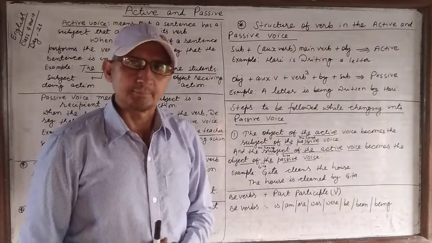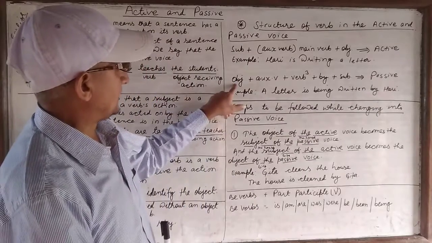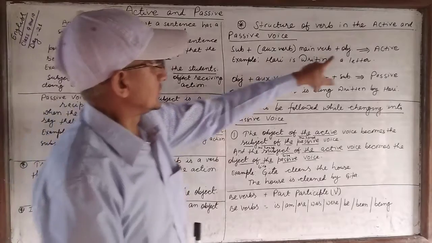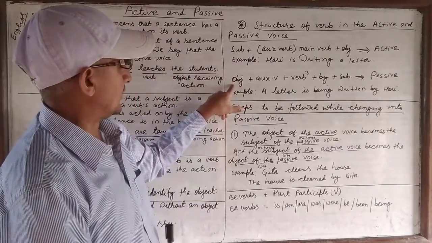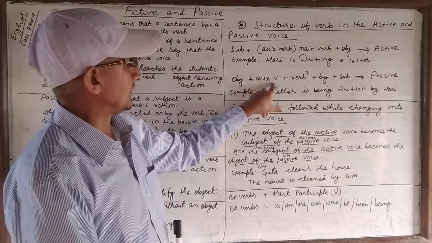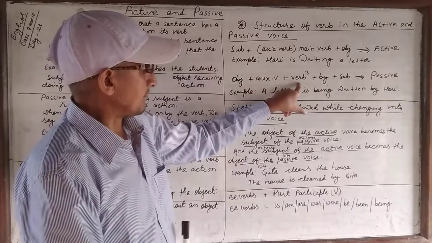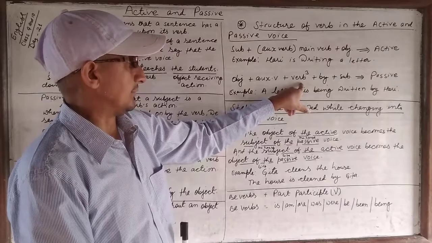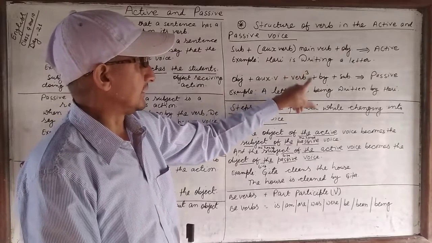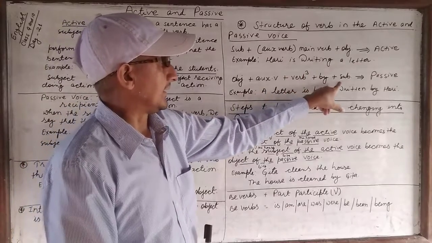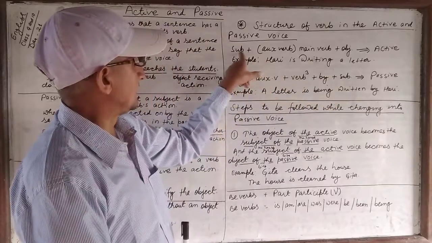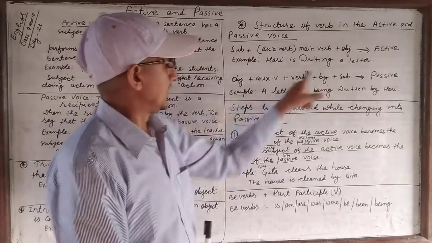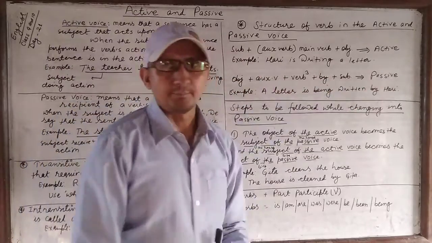And the passive structure is the object of the active voice, and after that the auxiliary verb and main verb. The main verb is in past participle form, that is V3, and then by, and then the subject of the active voice. So this is the structure of passive voice.